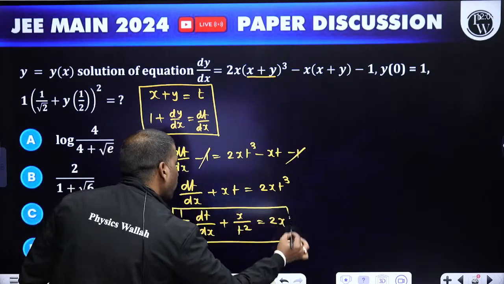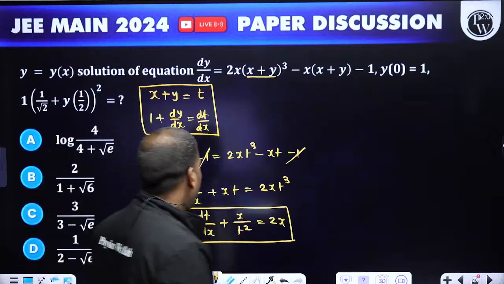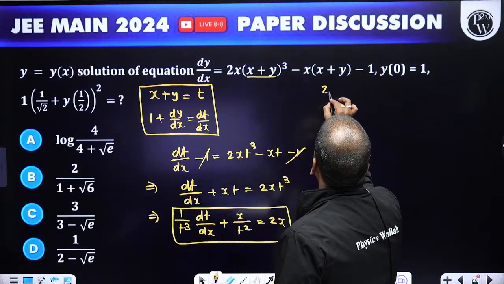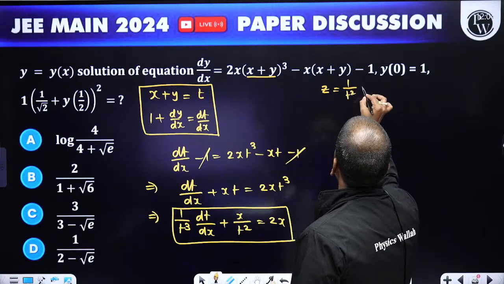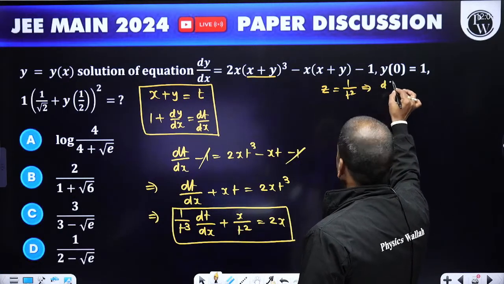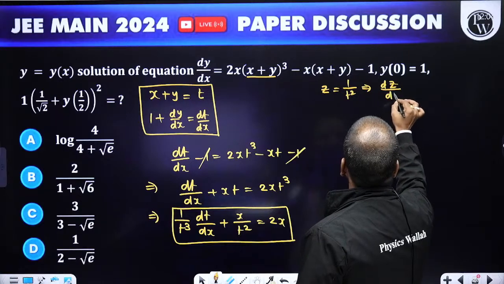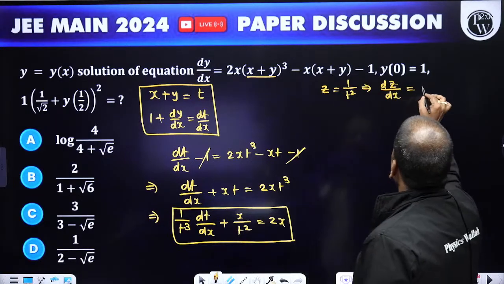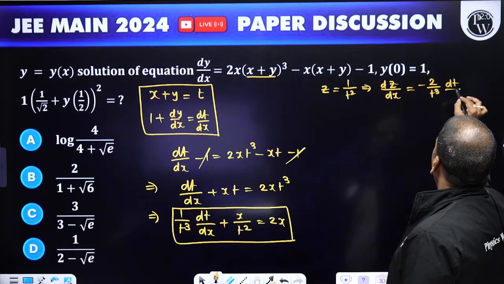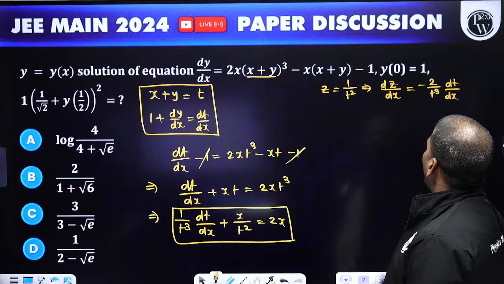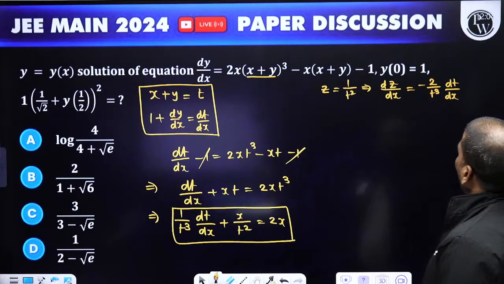So reducible into linear. Then we take another parameter z is equal to 1 by t square. What is dz by dx? dz by dx is equal to minus 2 by t cube into dt by dx.